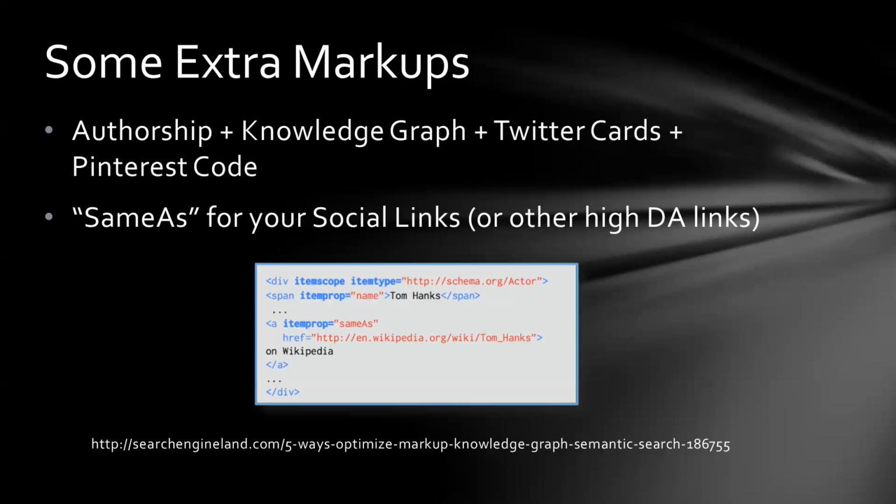So if you have a Yelp listing, list it with the sameAs attribute. If you have a Facebook page, list it with the sameAs. If you have a SlideShare account that you're using to share your PDFs, list it as your sameAs. You can create a bunch of goodness with this little markup, and it takes literally no time to place it on your links.